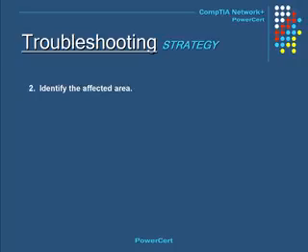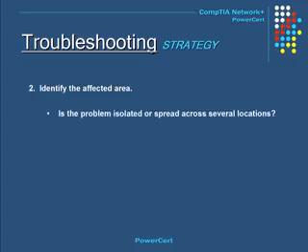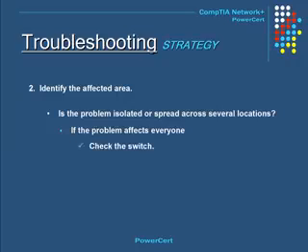And the next step is to identify the affected area. So a good question to ask is, is the problem isolated at one particular location, or is it spread across several locations? For example, let's say that everyone on a LAN cannot access the network. One of the first places to look would be the switch, because we all know that all computers connect to this single device.